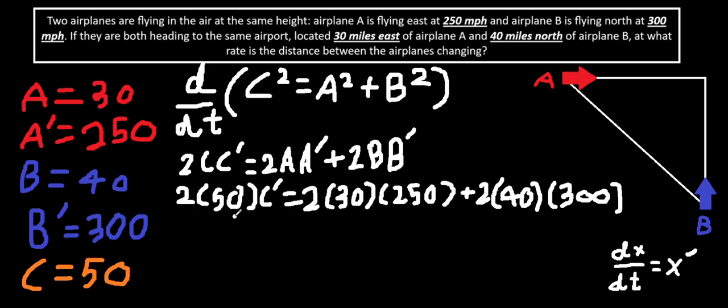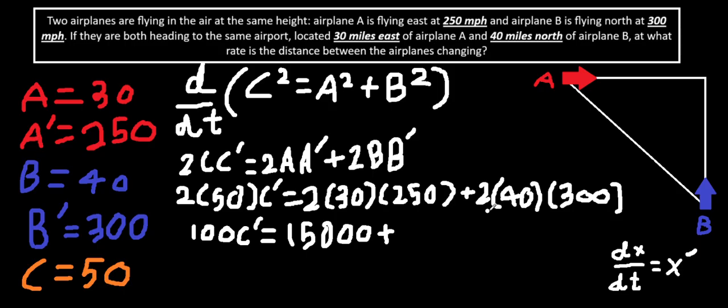Now, 2 times 50 is 100, so 100 c prime is equal to 2 times 30 times 250, which is 15,000, plus 2 times 40 times 300, which is 24,000.